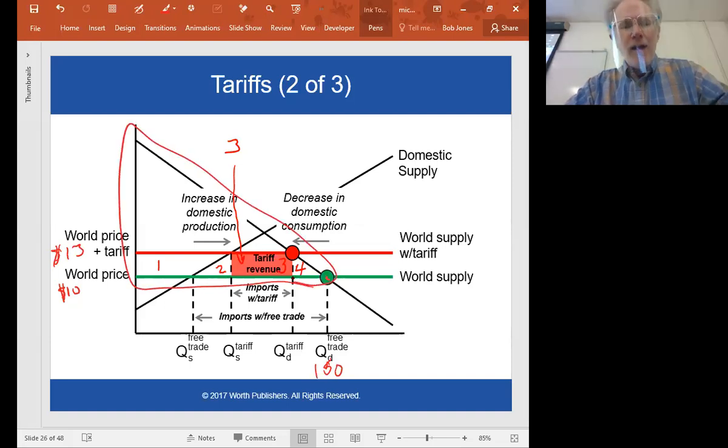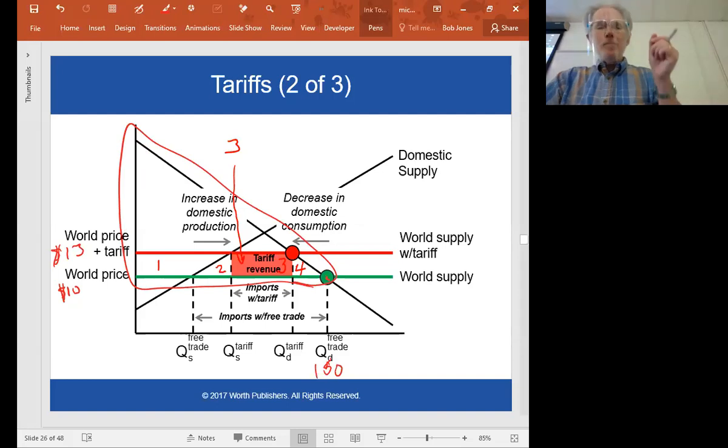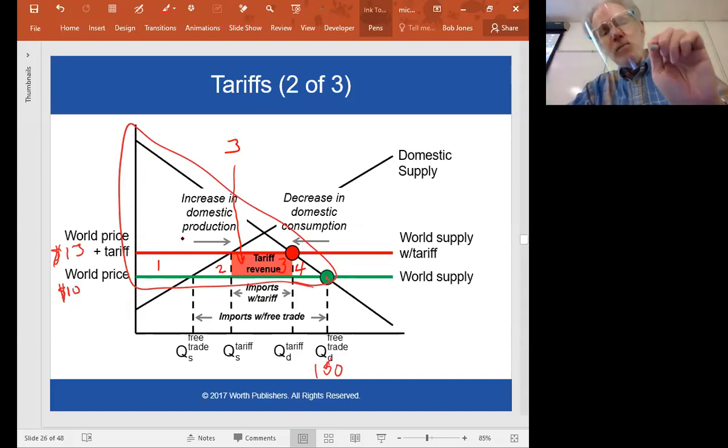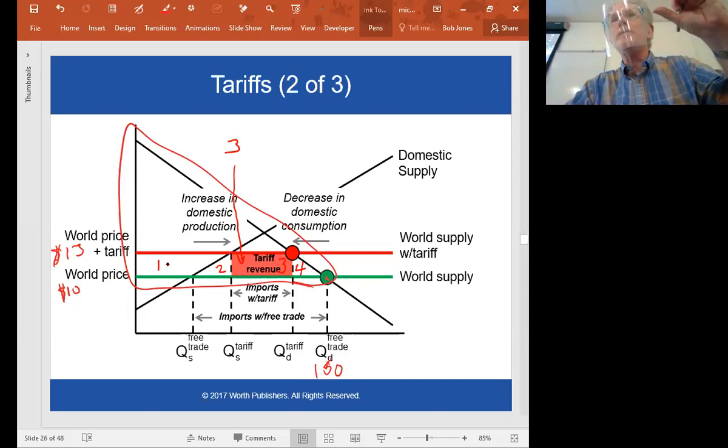After the tariff, it only goes down to the red line. In other words, what has happened to consumer surplus because of the tariff? It has shrunk, and which areas represent the reduction in consumer surplus?